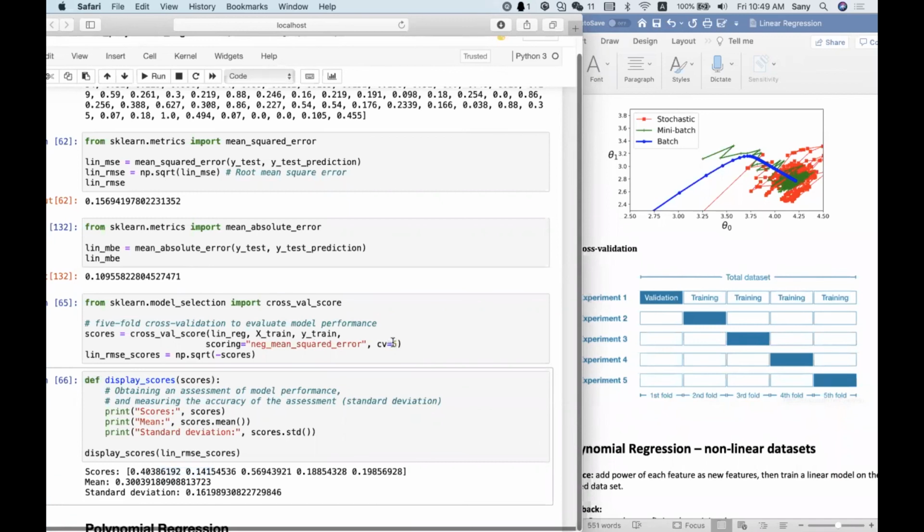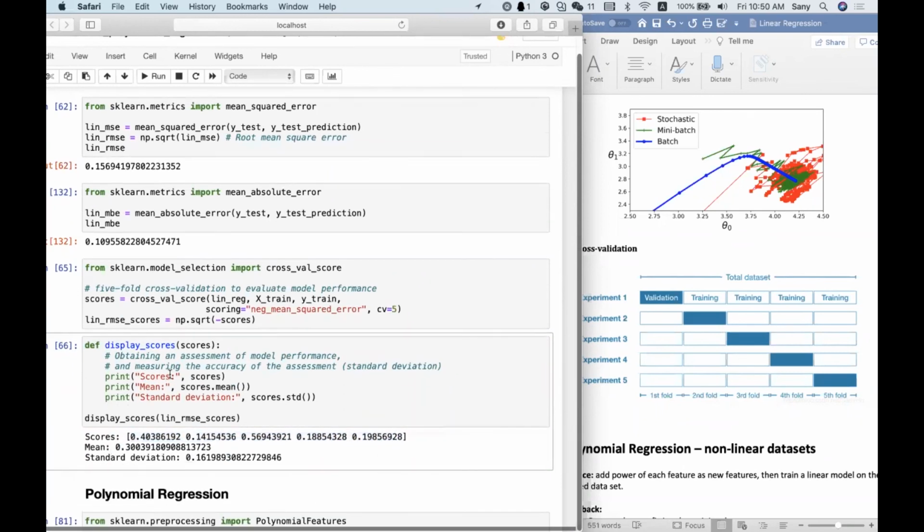So this is the result of 5 folds, and you can set 10 folds, and that's okay. And then I have built a function to calculate the mean of these 5 scores, and you can also find the standard deviation of these 5 scores.